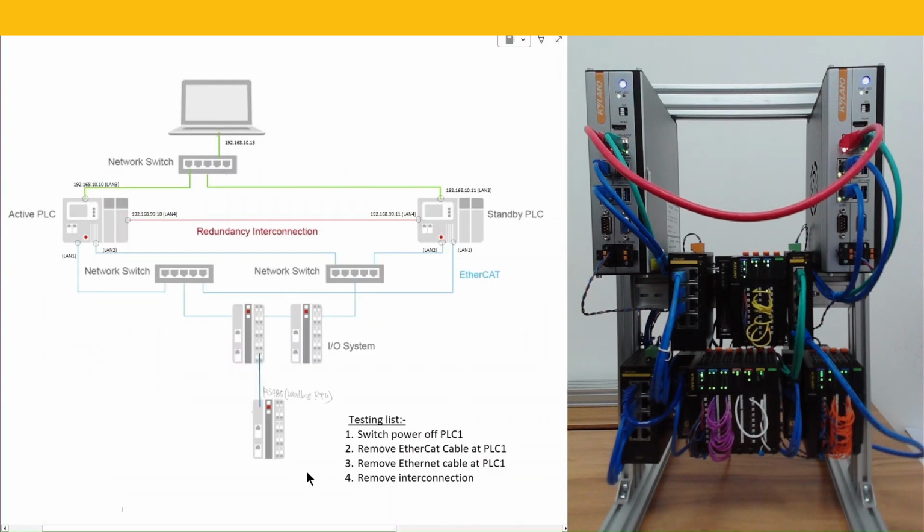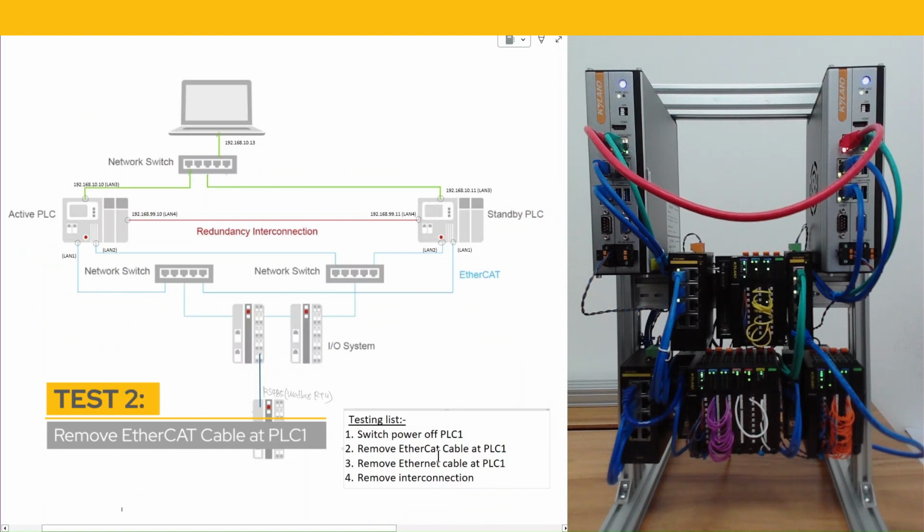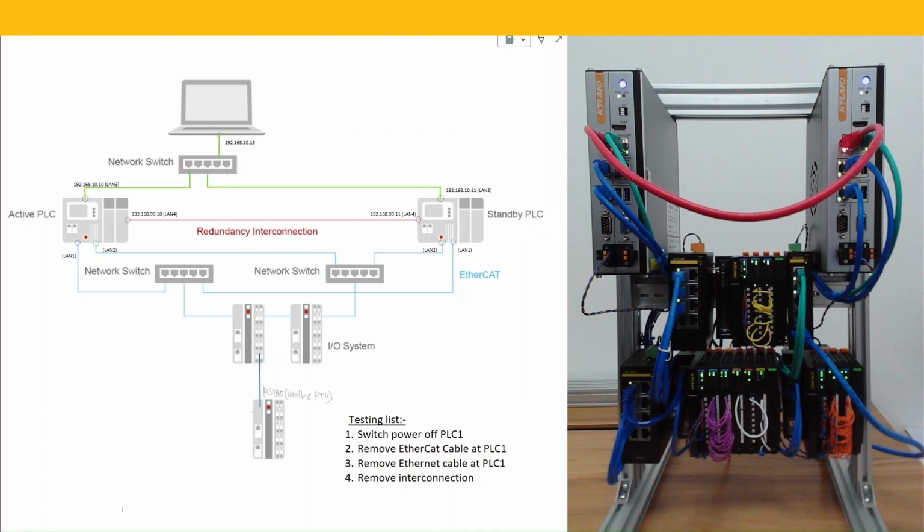Let's try the second test. We'll remove the EtherCAT cable from PLC 1, which is the blue cable over here. I remove this cable and this cable. Let's go back to my page again.